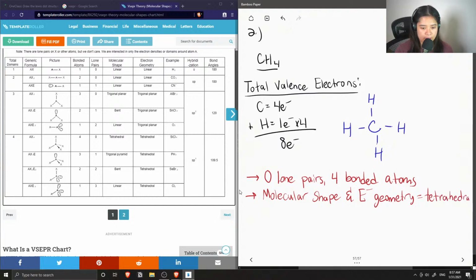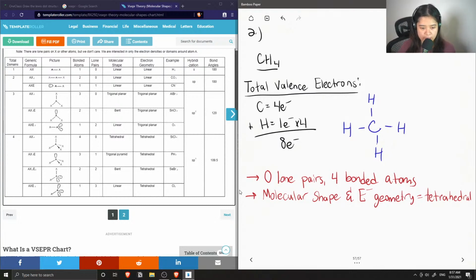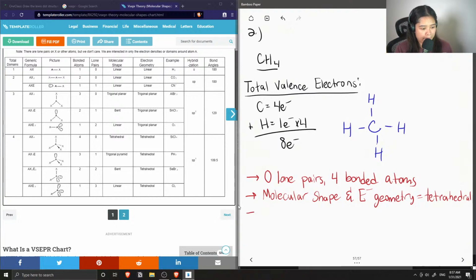So since there are no lone pairs on the carbon, the molecular shape and electron geometry would be the same. The carbon is sp3 hybridized. And the expected bond angles are 109.5 degrees.